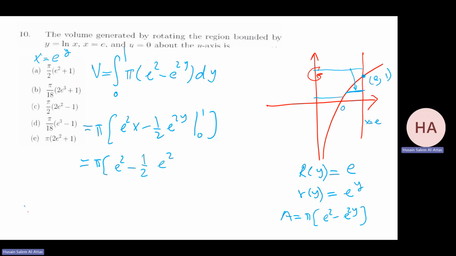Substitute the 0, that will be 0. Here I have minus half, which is plus half. So I have π times half e squared plus half. So I can take 1 over 2 outside. So I have e squared plus 1. And that is the answer.